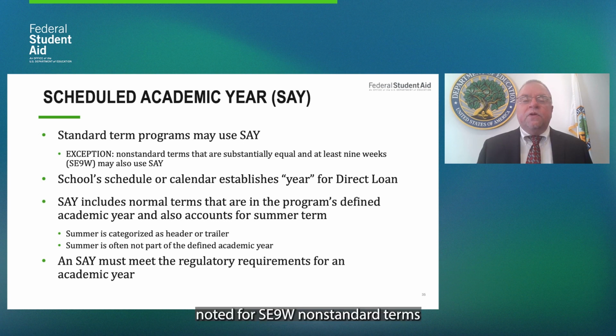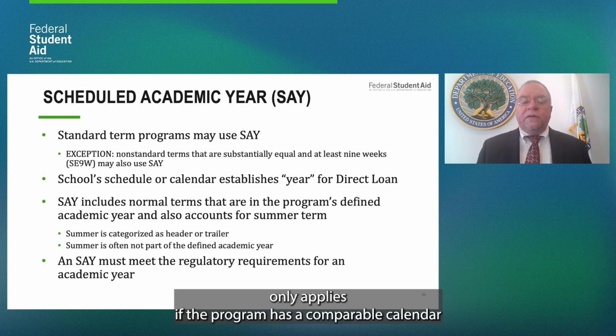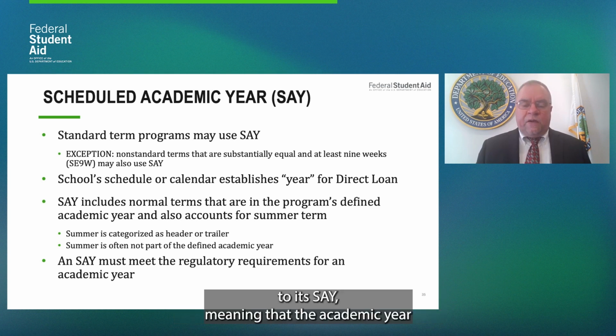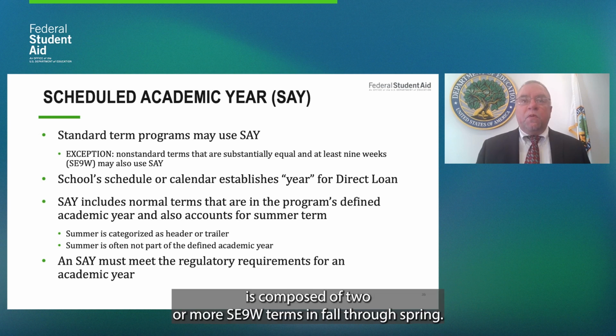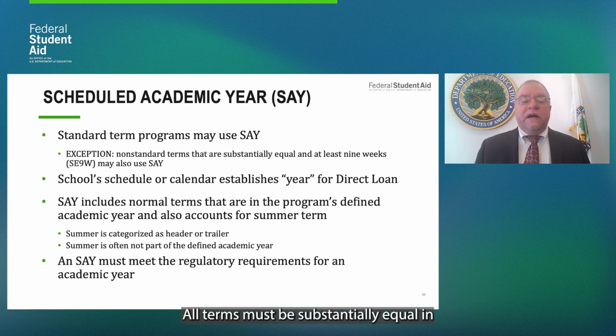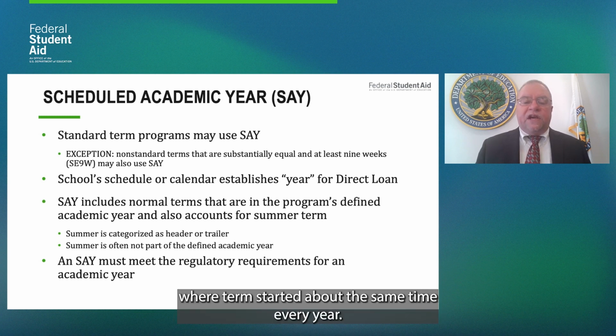The exception noted for SE9W non-standard terms only applies if the program has a comparable calendar to a SAY, meaning that the academic year is composed of 2 or more SE9W terms in fall through spring. All terms must be substantially equal in at least 9 weeks, including summer. The academic calendar must also be fixed, where terms start at about the same time every year.